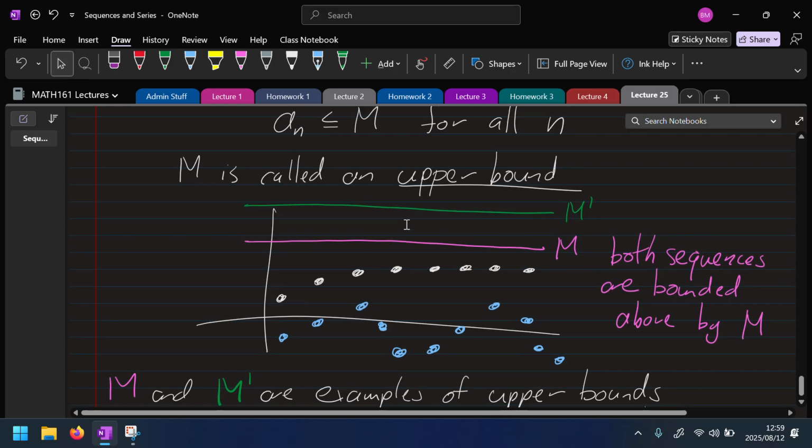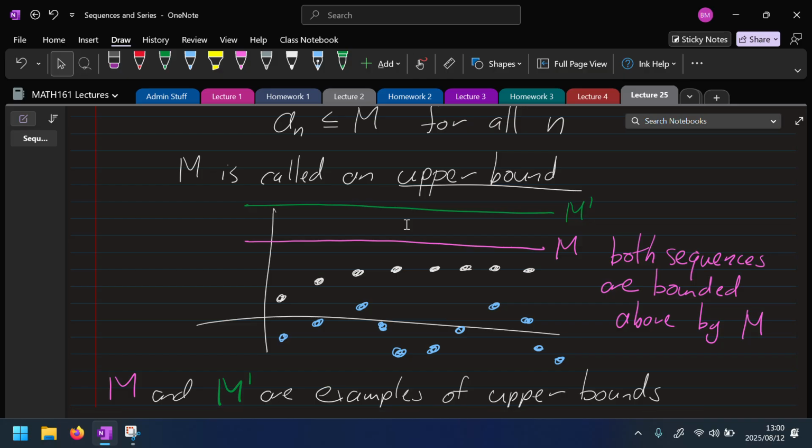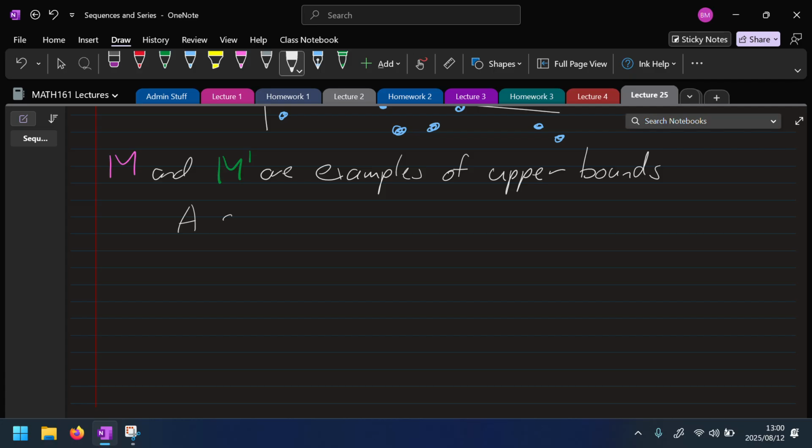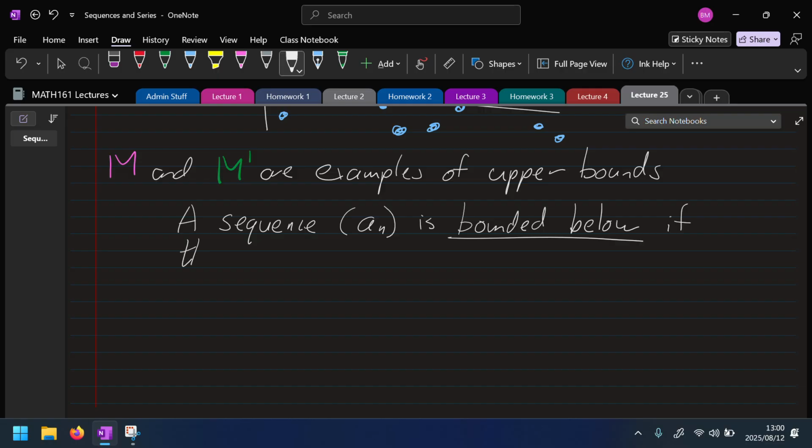Okay, so that is if it is bounded above, and we've got a very similar thing for bounded below. We just swap everything around. So a sequence a sub n is bounded below if there is a number, let's say little m.